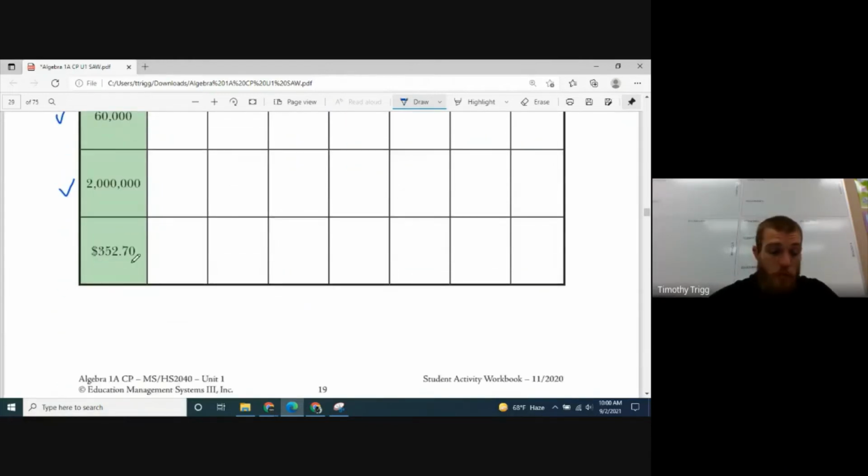Let's try this one. This one's with money, but it's the same deal. If I want to find 10%, we move the decimal 1 spot. So that's going to become 35.27. So that's the 10%. To find the 20%, we simply multiply that by 2. I'm just going to use a calculator. So that's 70.54.